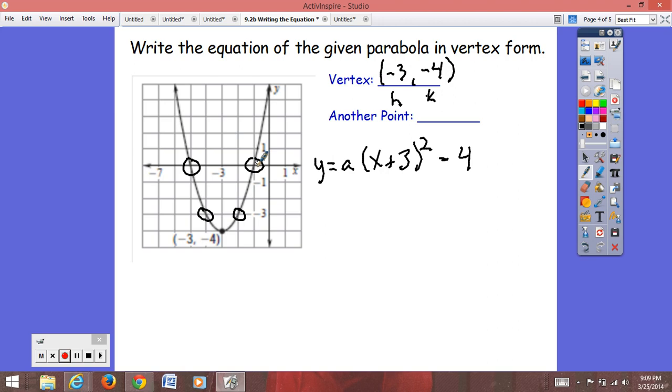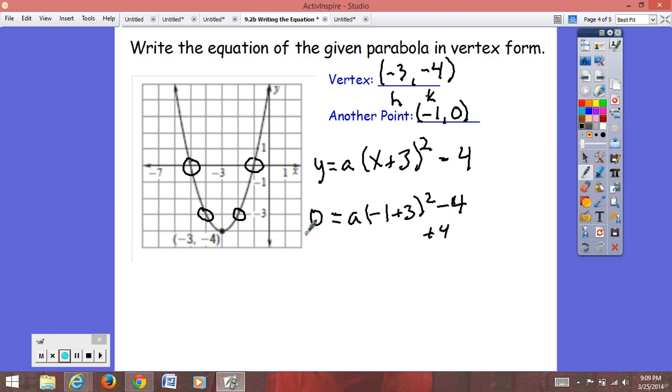We have a couple other points we could pick. Now I'm going to go ahead and use this one, which is (-1, 0). Plug -1 in for x, 0 in for y. We get 0 equals a times (-1 + 3) quantity squared minus 4.